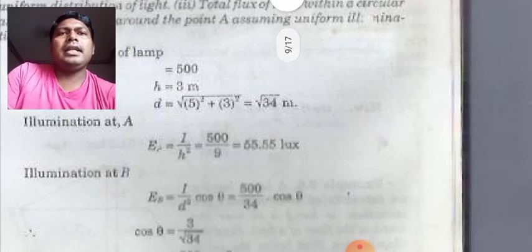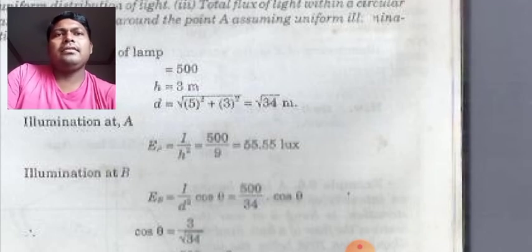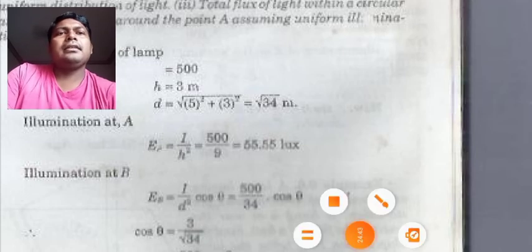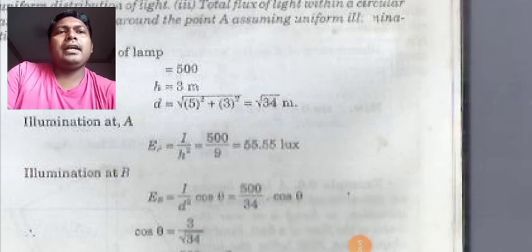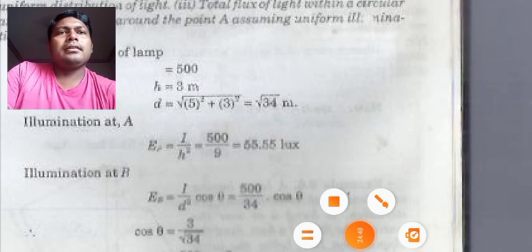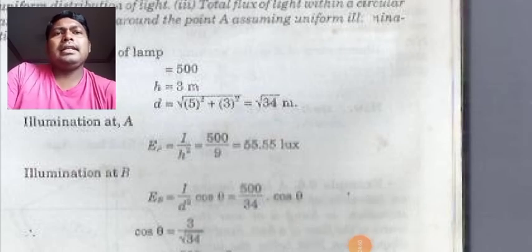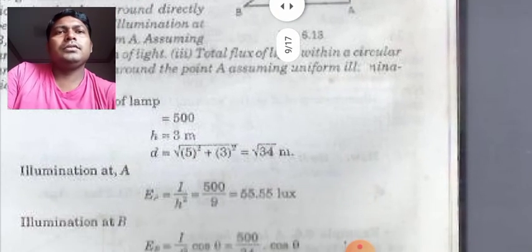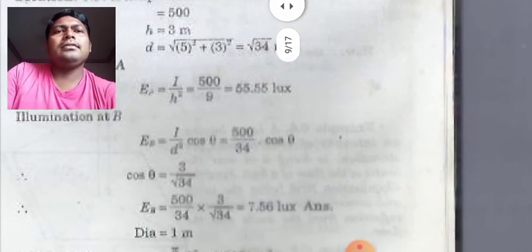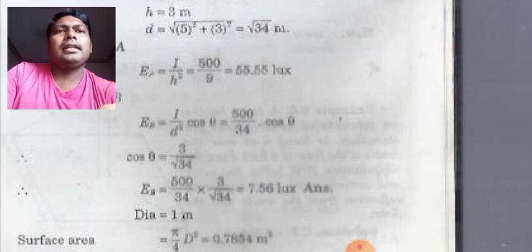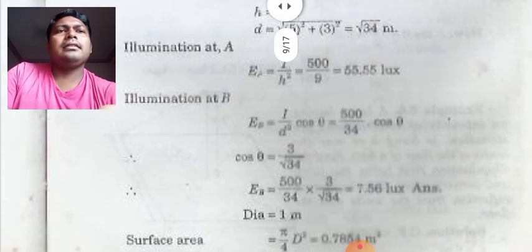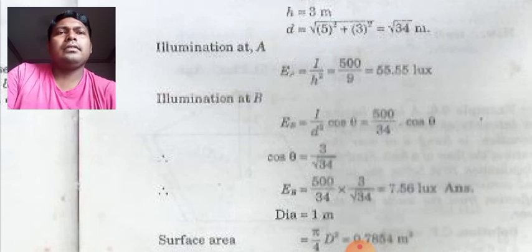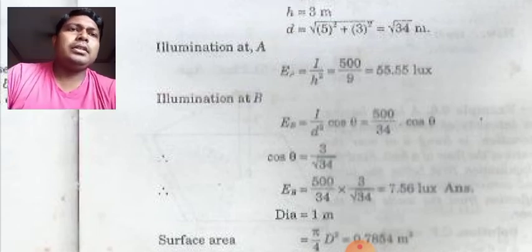So illumination at A, E is equal to I divided by h square, that is equal to 500 divided by 9. So the value of I here is 500 divided by h square. What is the height? 3. So if the height is 3, what is the square of it? 3 square is 9. So how much will we get? 55.55 lux.